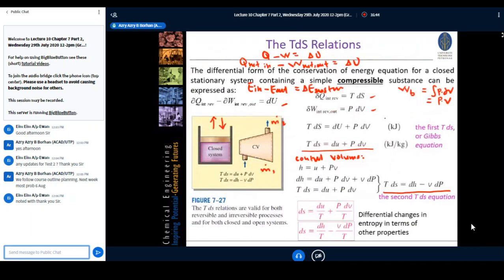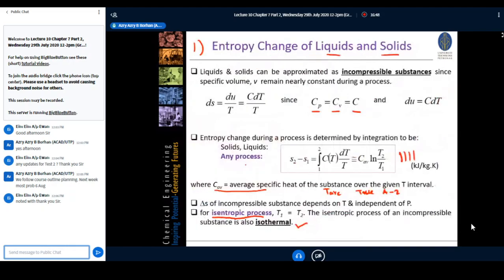So from your first TdS equation over here, you perform integration. We know specific heat is a function of temperature, right? So that means it must come from the average temperature between the initial and final state of the substance.